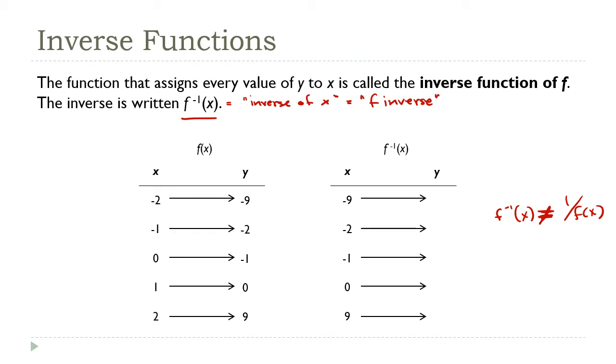Well, if the original function assigns -2 to -9, then the inverse assigns -9 to -2. If the original function assigns -1 to -2, then the inverse assigns -2 to -1. See what I'm doing? I'm literally just taking this first column here and repeating it in the second column. That's really all there is to it.